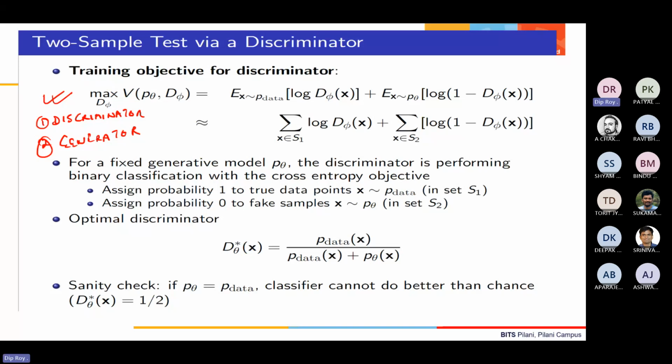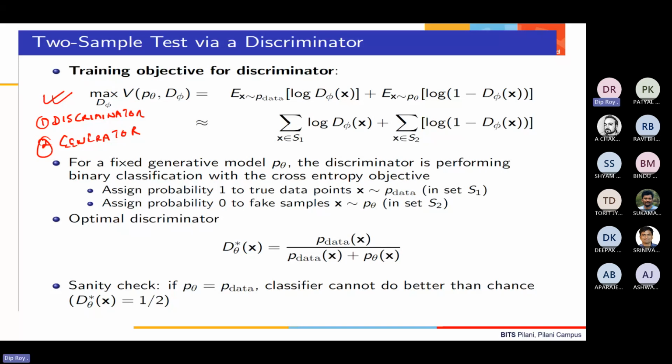It is going to say whether both the samples are the same or different. Now, as long as my discriminator is able to distinguish between the samples coming from the true distribution and the samples coming from the model distribution, that means both the distributions, P and Q, which are your data distribution and the model distribution, are not the same.